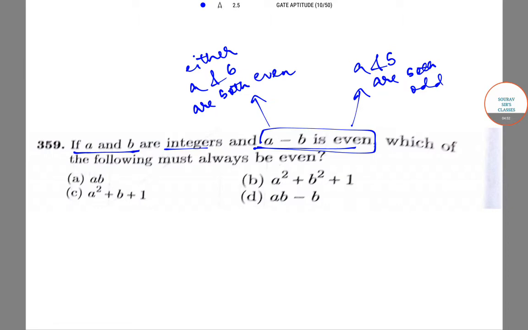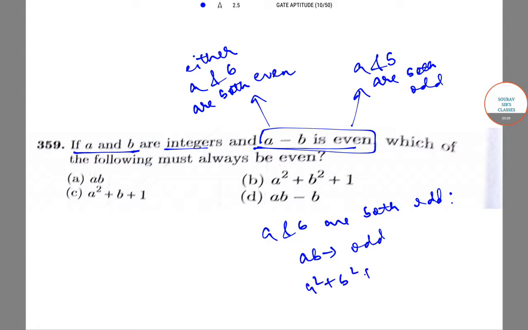Now, if A and B are both odd, then AB will be odd. A square plus B square plus 1 will be odd.